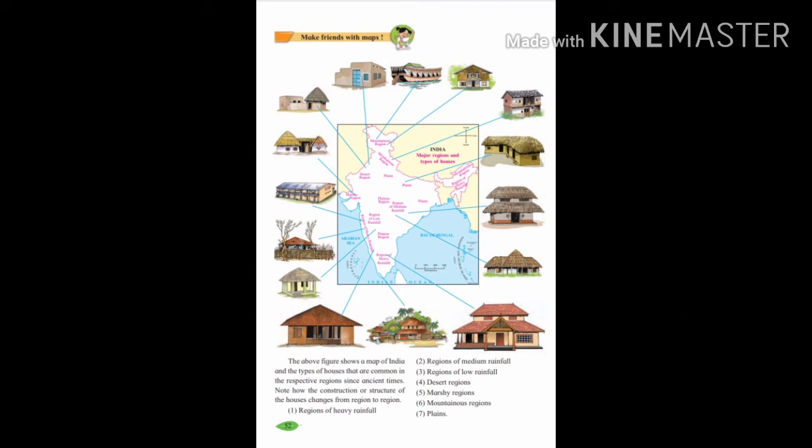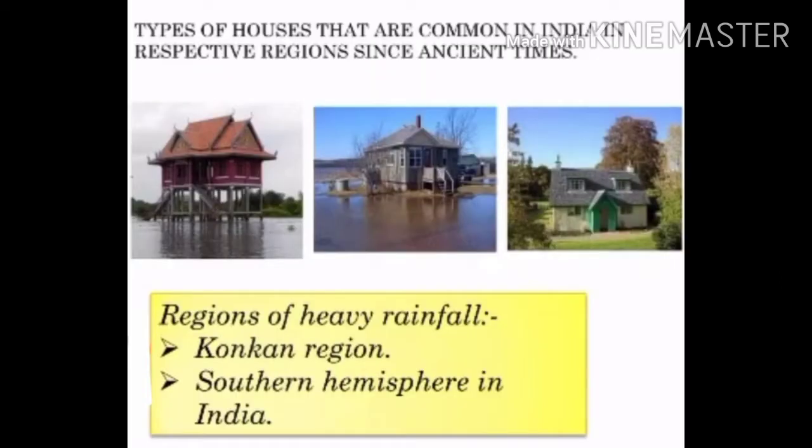Now let's see from where, which state, the structure of construction of houses changes from region to region. As you can see above on the screen, these are the types of houses that are common in India in respective regions since ancient times. Number 1, regions with heavy rainfall, means there is continuous rainfall.